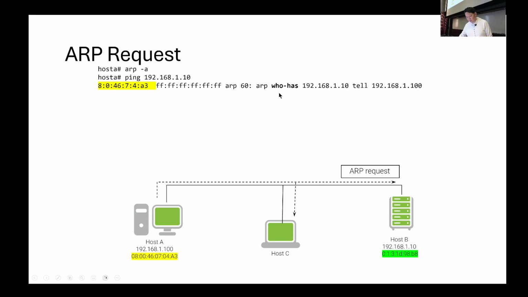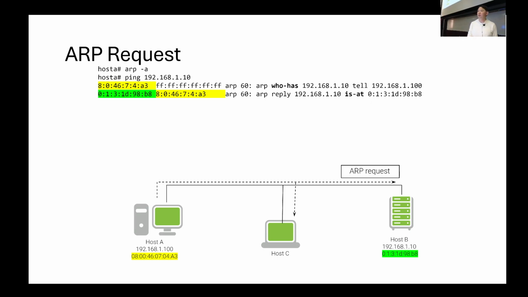So we call this "who has". This is the operation mode in this packet. So the ARP packet has two operation modes. The first one is the who-has packet. The second one is the is-at packet. So this is the reply, the response to the source. So host A sends the ARP request, a broadcast to the network. Host C also receives that packet, and host B receives the packet.